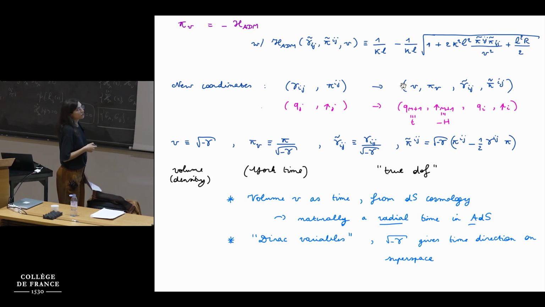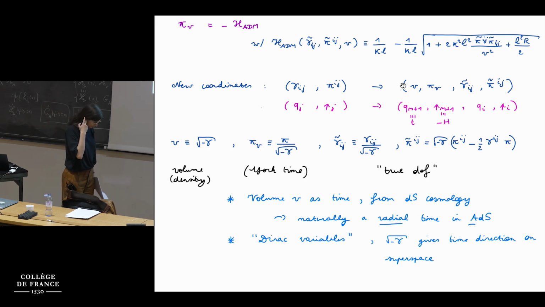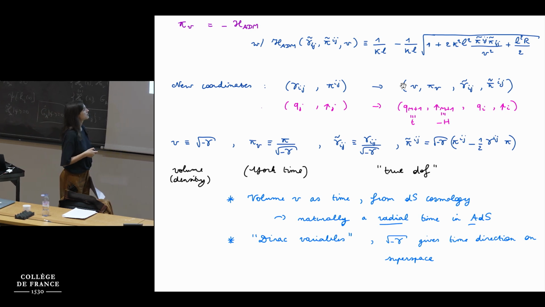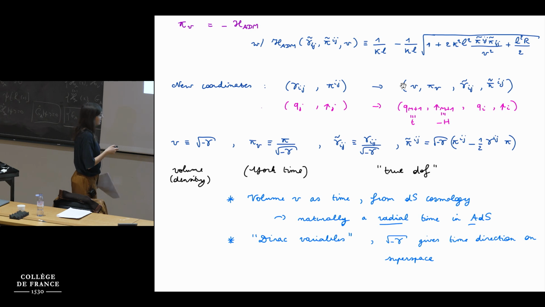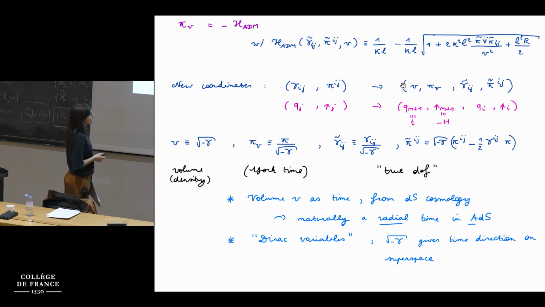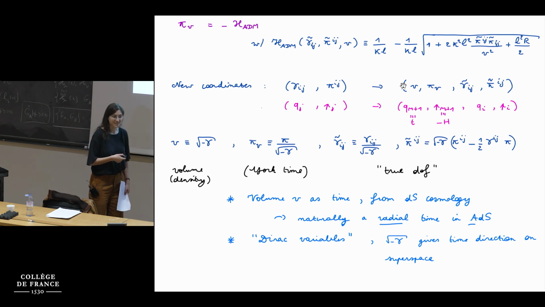And so let me give some comments on why this is maybe to be expected, or at least consistent with other statements. Using the volume as time is something that is done typically in de Sitter cosmology, where the direction of expansion is your volume. And that means that it's natural that the volume takes the role of a radial time in anti-de Sitter.